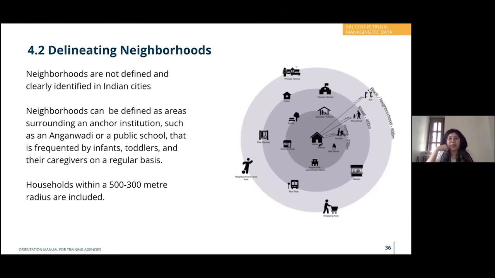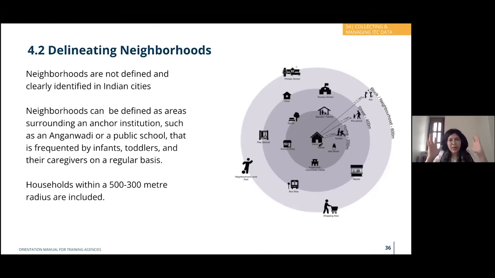Why 300 meters, 500 meters? I think we covered this in module 1. Walking distance. Yeah, walking distance for ITC, right? Small children and their caregivers can comfortably walk only this much distance. So that becomes our neighborhood. In that neighborhood, we can then systematically collect data based on all these indicators.